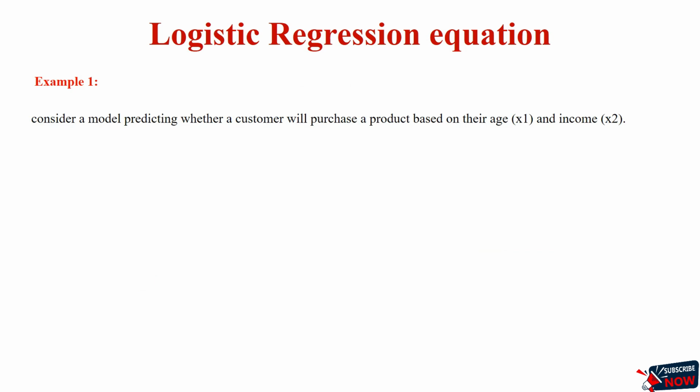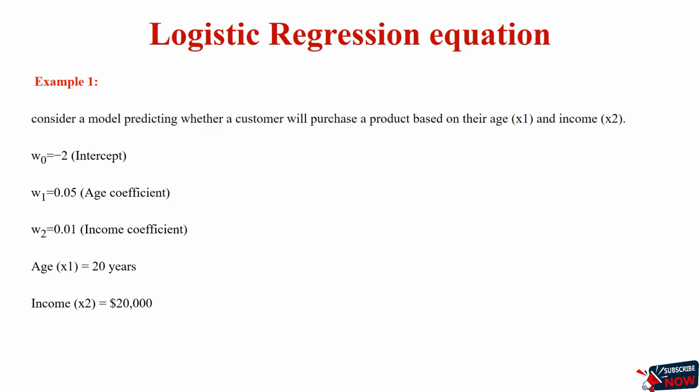We are going to predict whether the customer will purchase a product based on age and income. So age and income are the features here. The intercept, age, and income weights, the coefficients, are given. Let us assume the age is 20 years and the income is $20,000. The first step is to find the logit of P, applying the intercept and weight 1, feature 1, weight 2, feature 2.